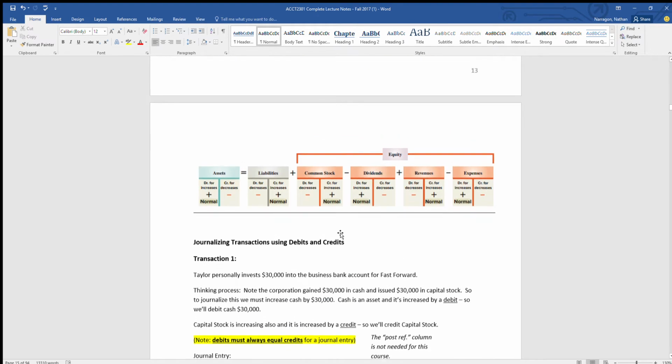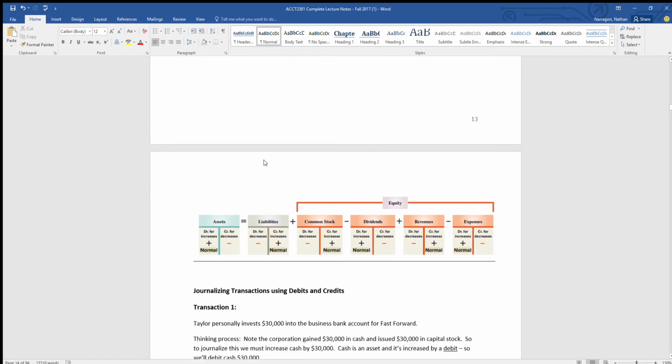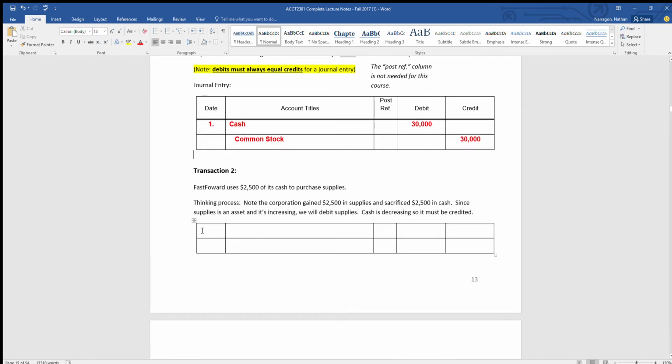Both of them are assets. Supplies are increasing, so they must be my debit account. Cash is decreasing, so it must be my credit account. Again, I'm going to put in my date. Since we would like to put debits first, supplies is going to be the first part, and cash is going to be the second.